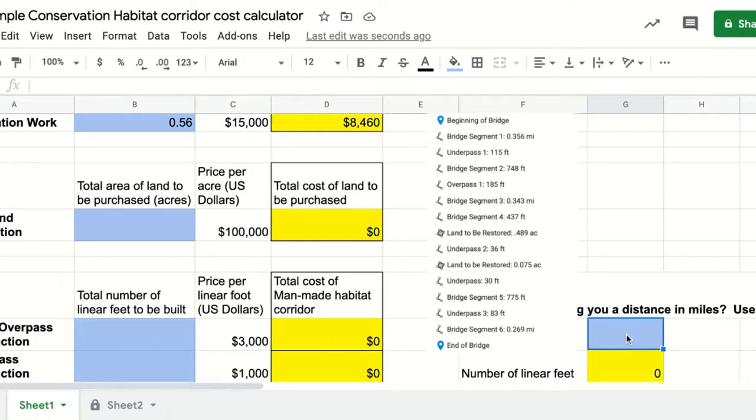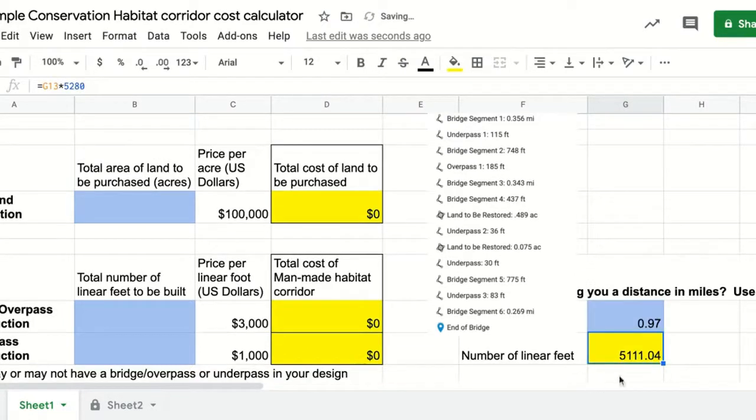I'm going to program it the same way as before. So equals, don't forget the computer needs to know that it needs to do math. Then I'm just going to add up all these miles: 0.356 plus, where's my next mile, 0.343 plus, all the way down here, 0.269. Enter. And now here is my total number of linear feet that were in miles.